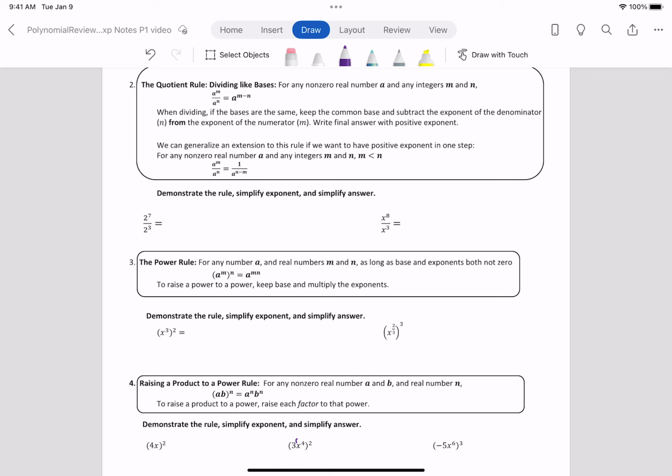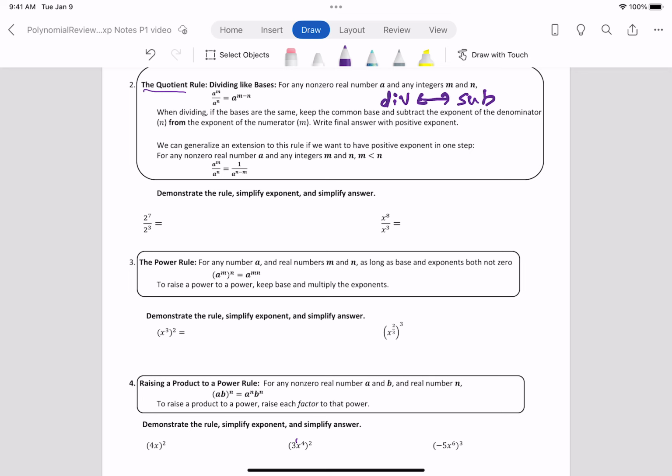The next rule that we're going to look at is the quotient rule. And this one is going to be dividing like bases. And similar to multiplication and addition going together in math, division often goes together with subtraction, and it does here too. If I'm dividing like bases, then I'm going to subtract the exponents.